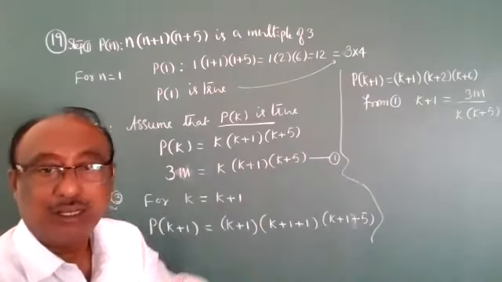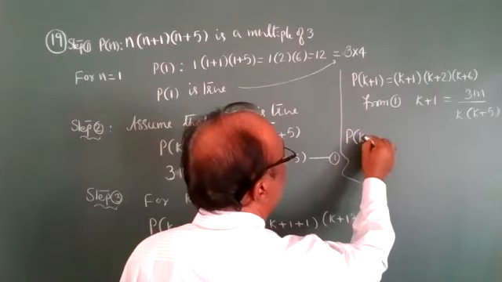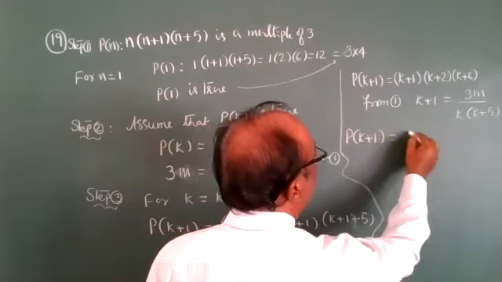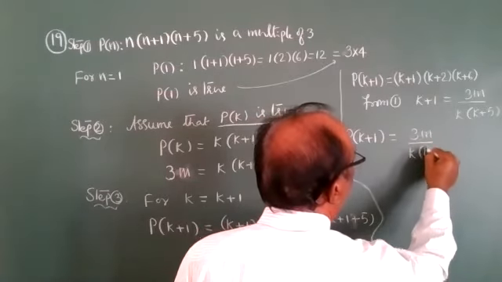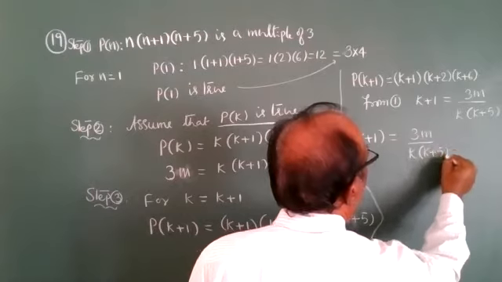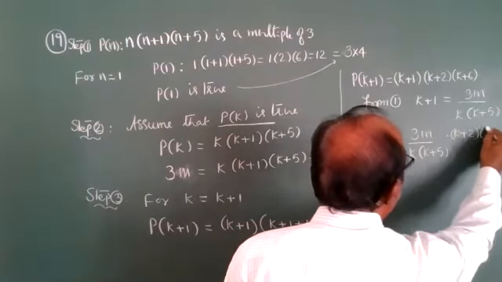I will write that one. Substitute in place of P of k plus 1: k plus 1 place is 3m by k into k plus 5, into k plus 2, into k plus 6.